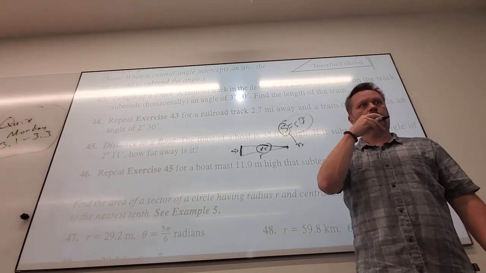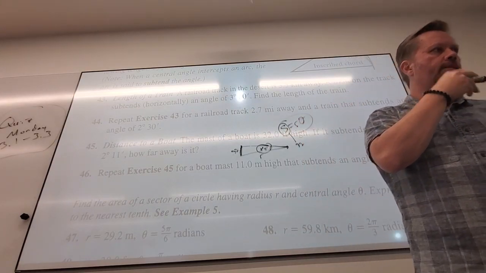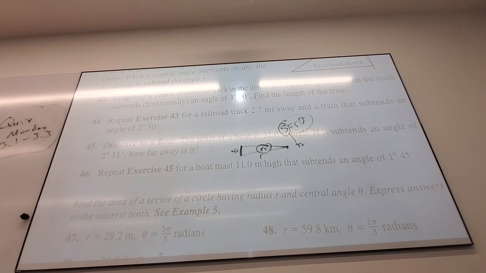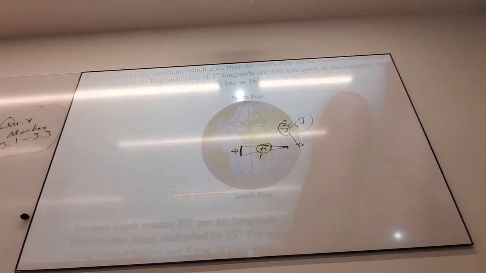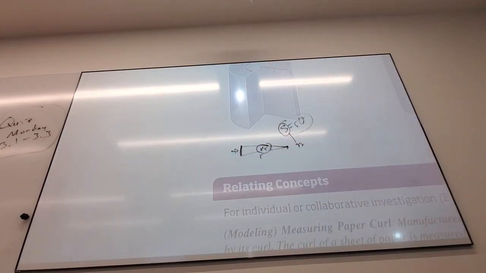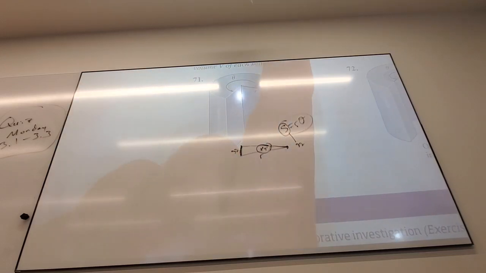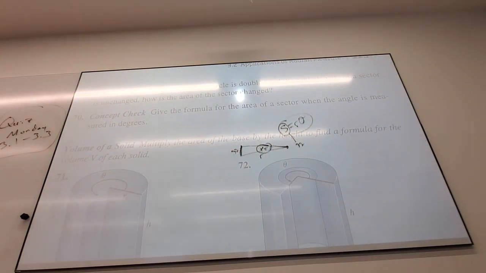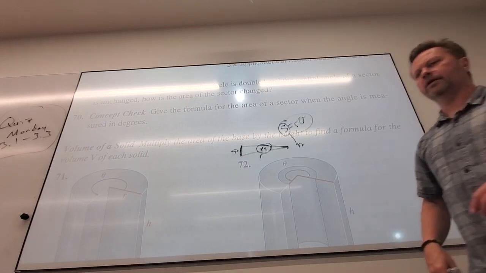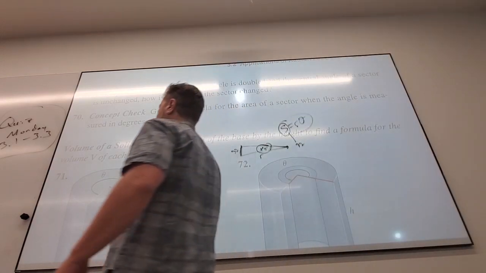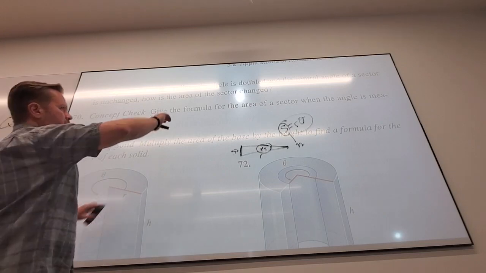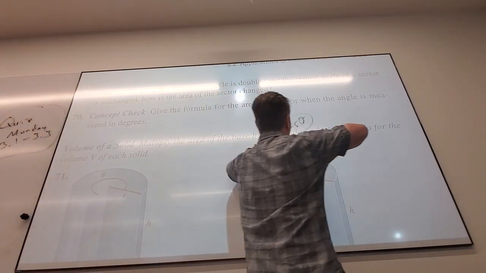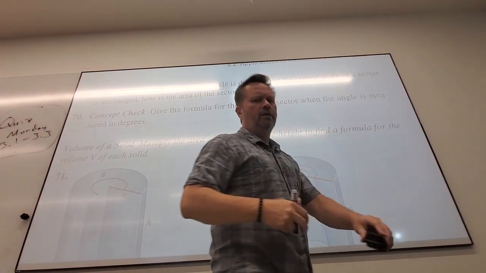Yeah. Can we go over 3.2 number 70? Let's see. Oh yeah, this is a good one. I think I told you guys that there is a way to change the angle formula if it's degrees. Yeah. So the area formula. What is the area formula as given if the angle is in radians?